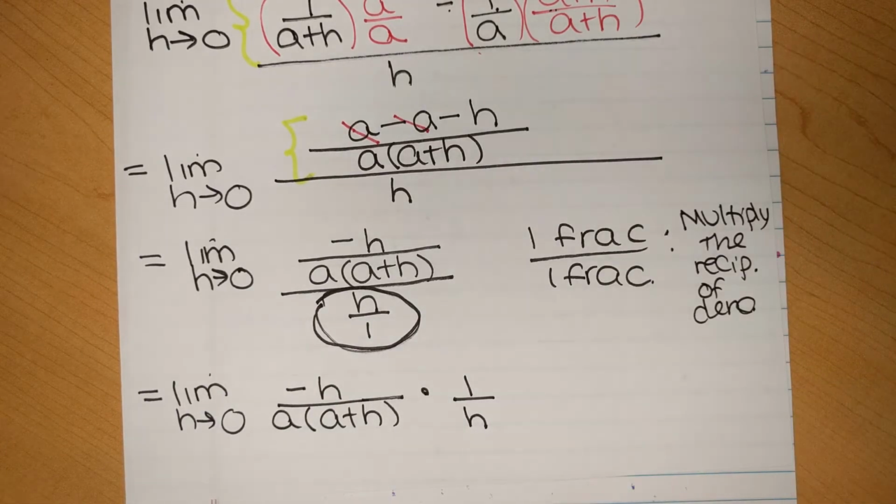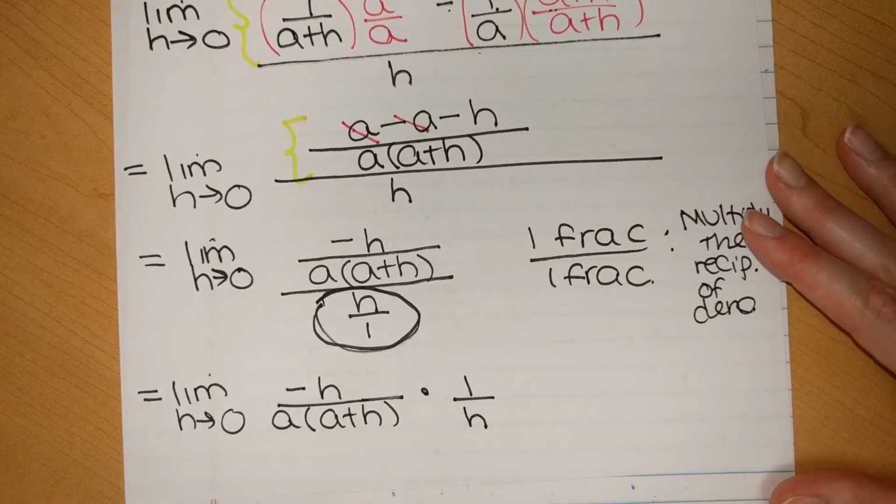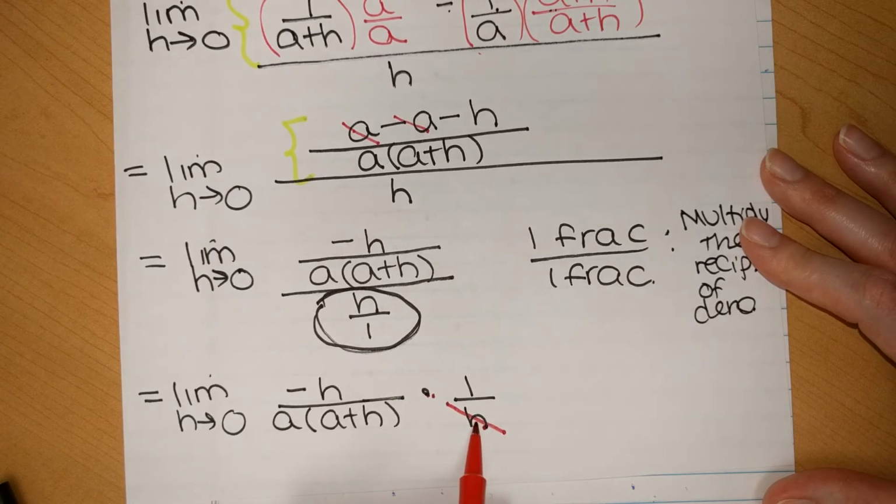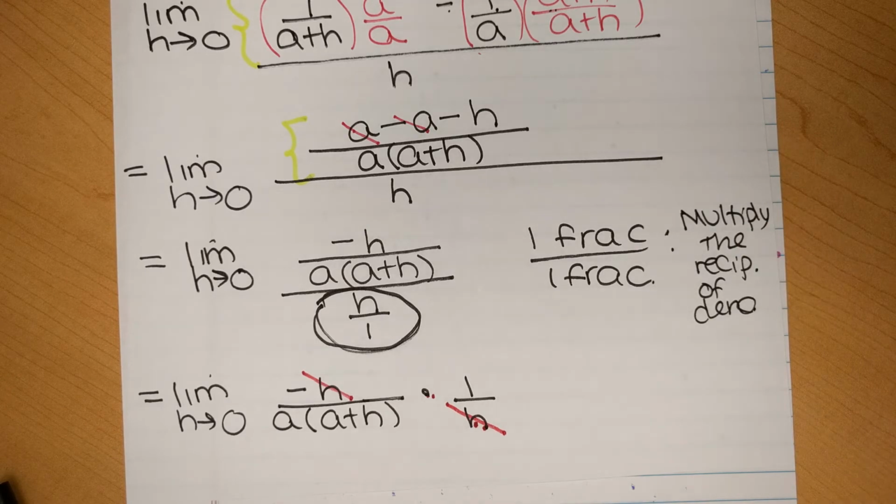Now, at this point, you could multiply straight across, but because you have multiplication, multiplication is going to undo the division. So now you can cross out this h factor with this h in the numerator. And that was our goal, to cancel out the h minus 0, or just h.